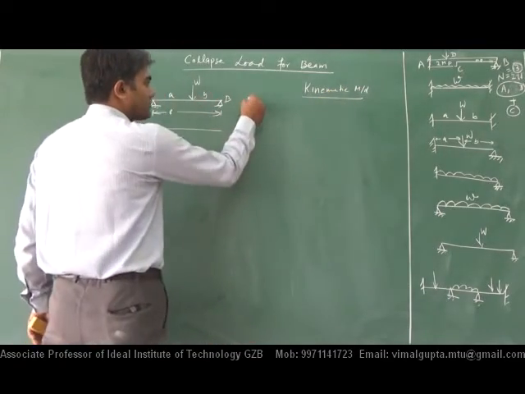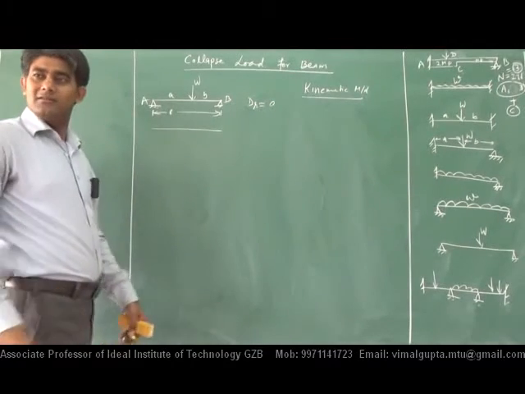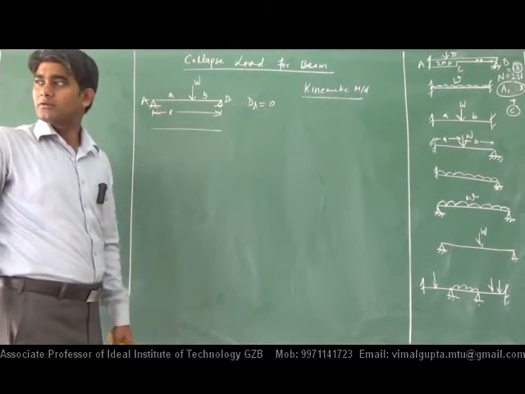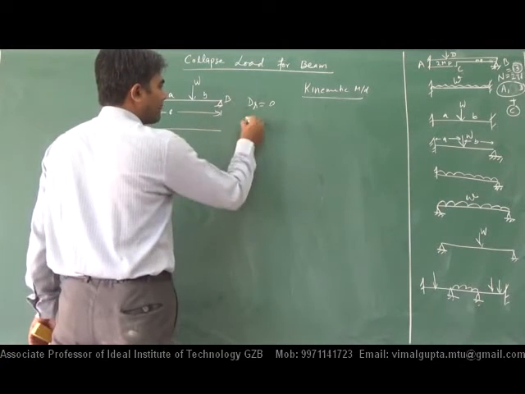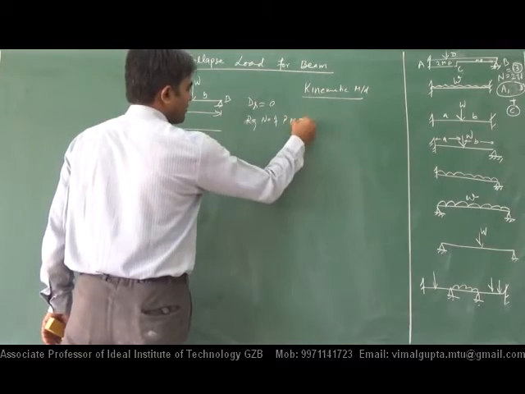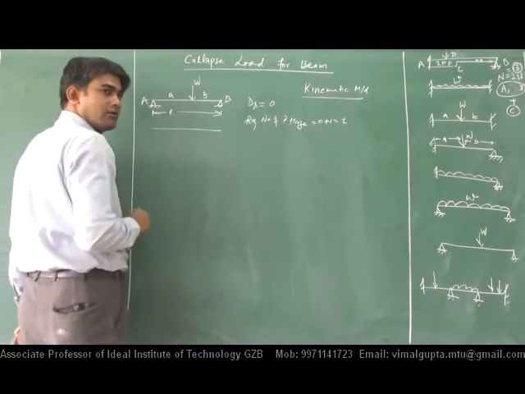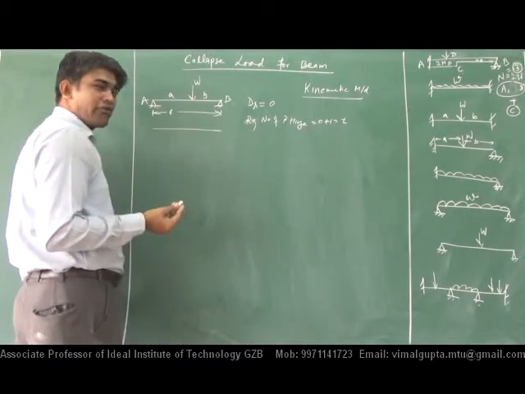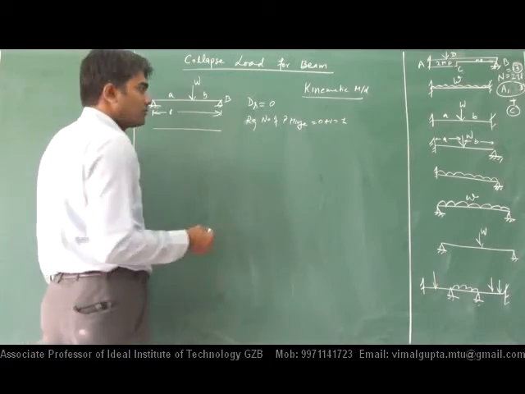So for that you must know the value of ds, and ds is 0 here. It is a simply supported beam, so the required number of plastic hinges will be 0 plus 1, that is 1. That will be possible at the point of maximum bending moment.